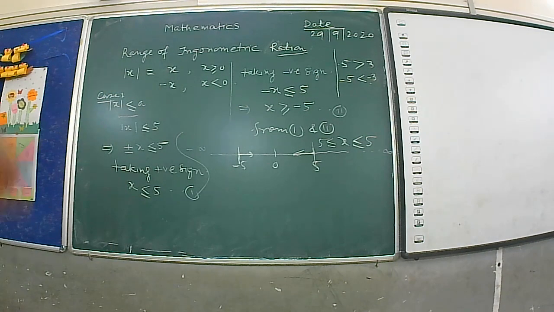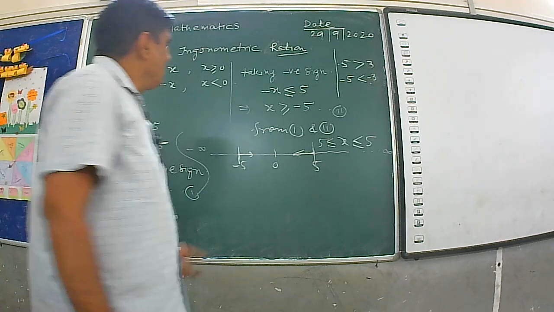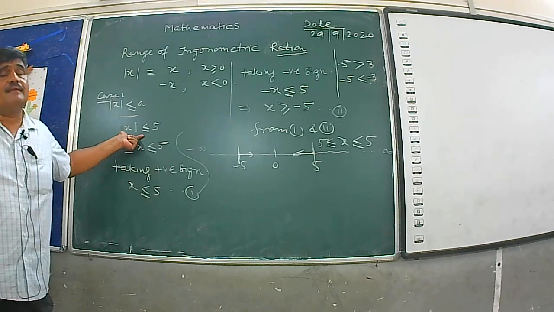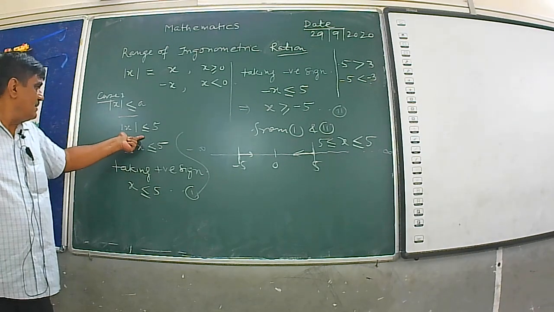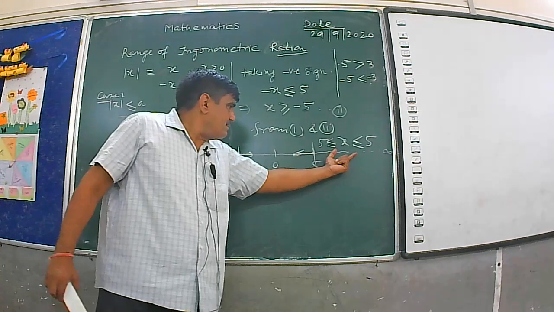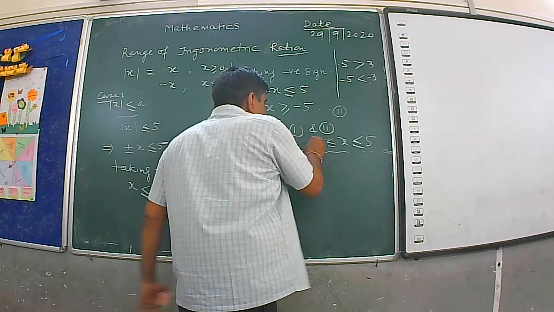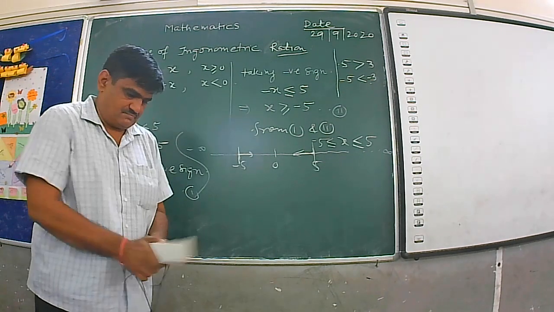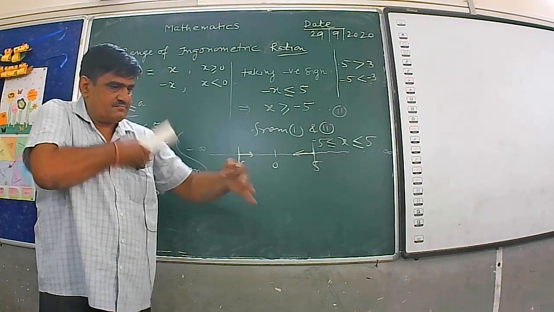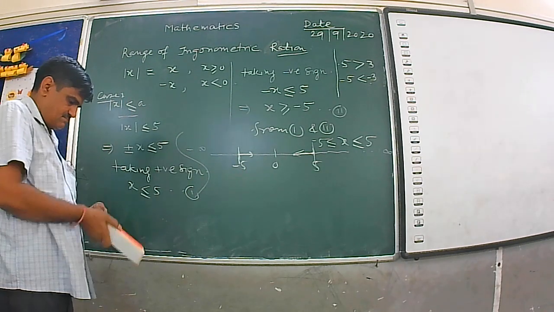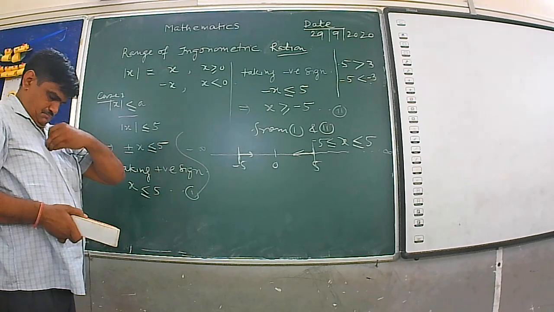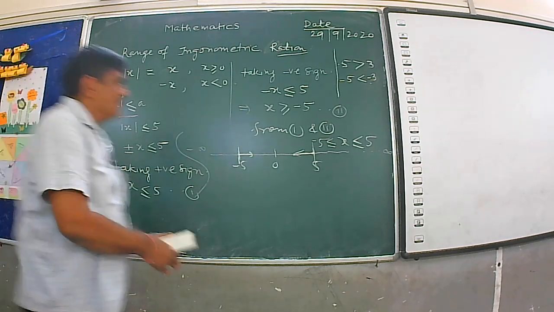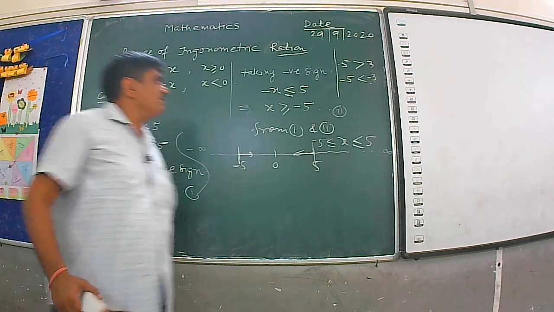From the above discussion, we see that if mod x is less than or equal to 5, then x lies between minus 5 and 5.